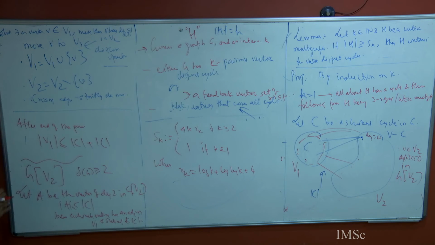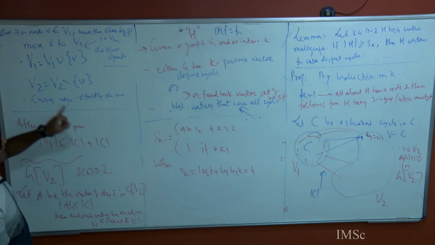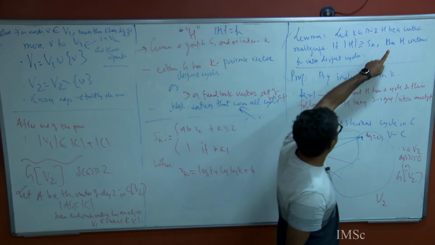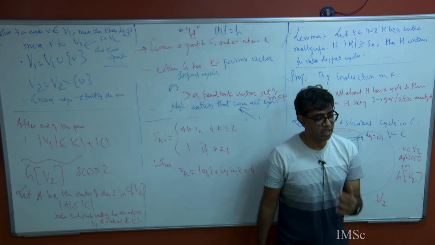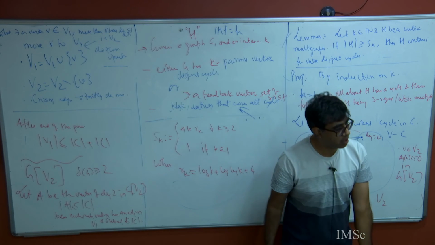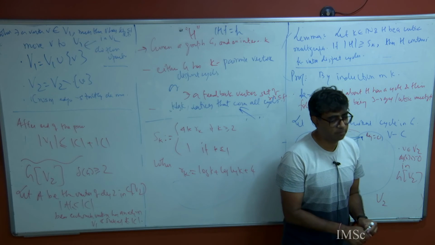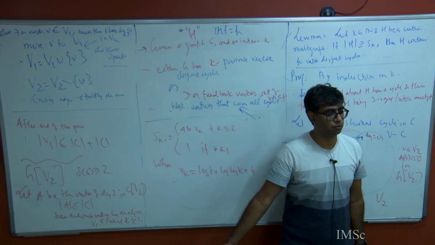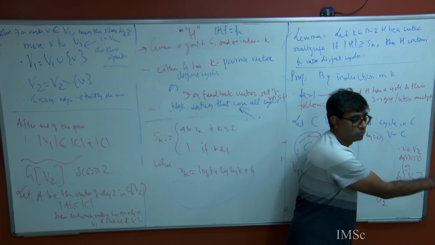So if I want to apply induction, what do I need to do? I have to come up with a cubic multigraph. Why did I do all this? Because on this graph I wanted to apply induction. If I wanted to do induction, I need to clean it up. What is the meaning of clean up? Remove all vertices of degree up to 2. Degree 0 and 1, I just threw them away, I had a bound on them.